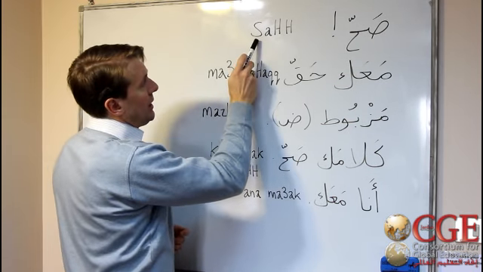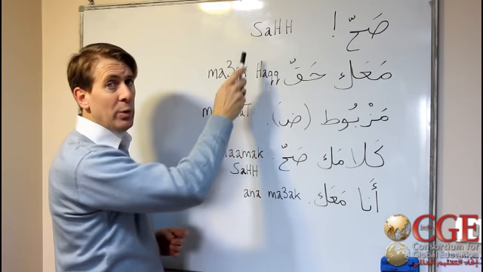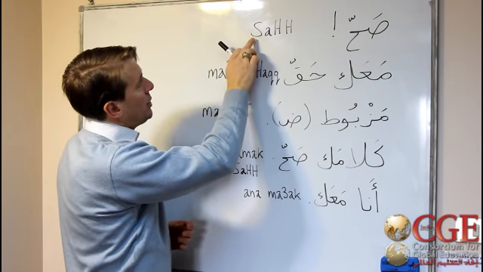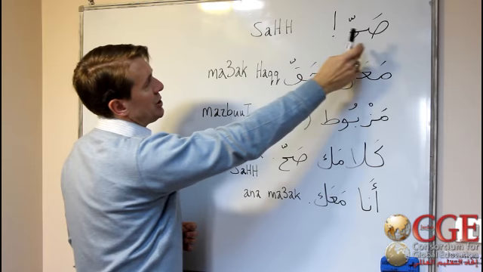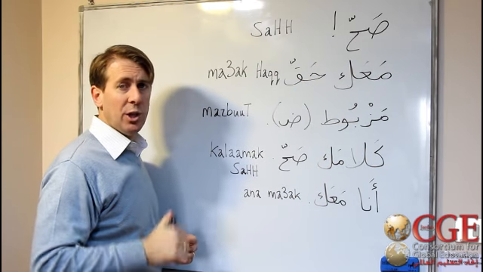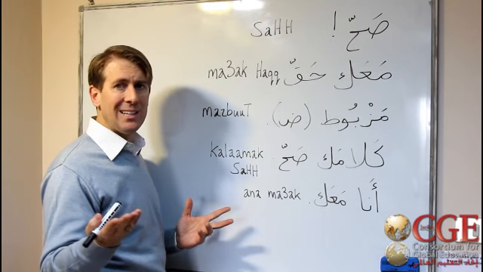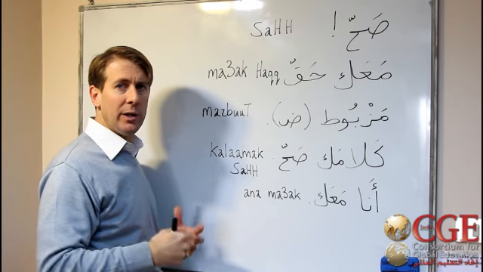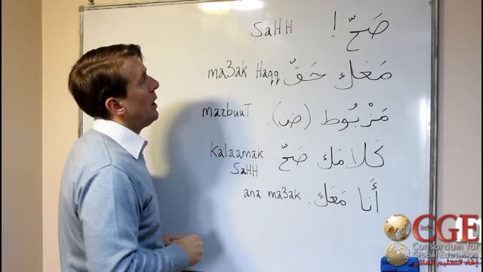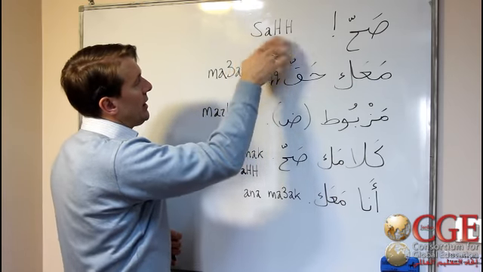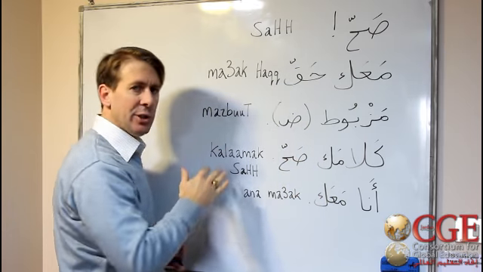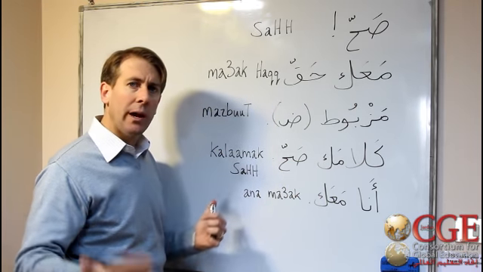So, in the transliteration, if you don't read or write Arabic, you have a capital S, which stands for the saw, which in lowercase would be a sin. This is the transliteration that we do here. That's easier. And notice any capital letters you see in our transliteration are letters that are uniquely Arabic.